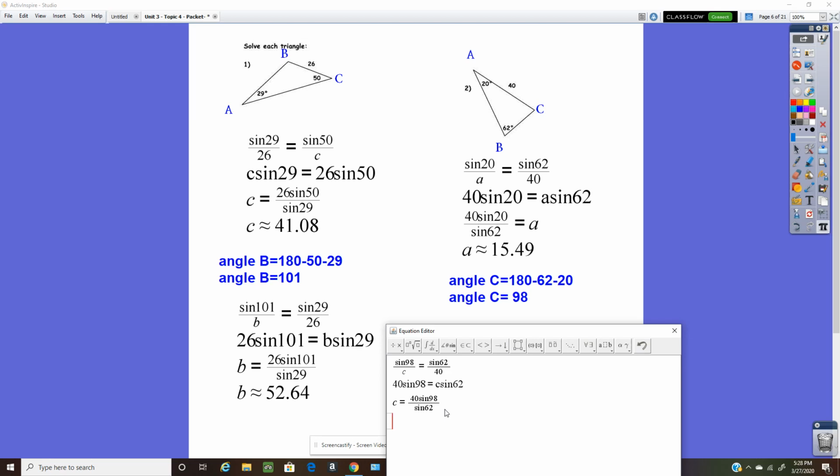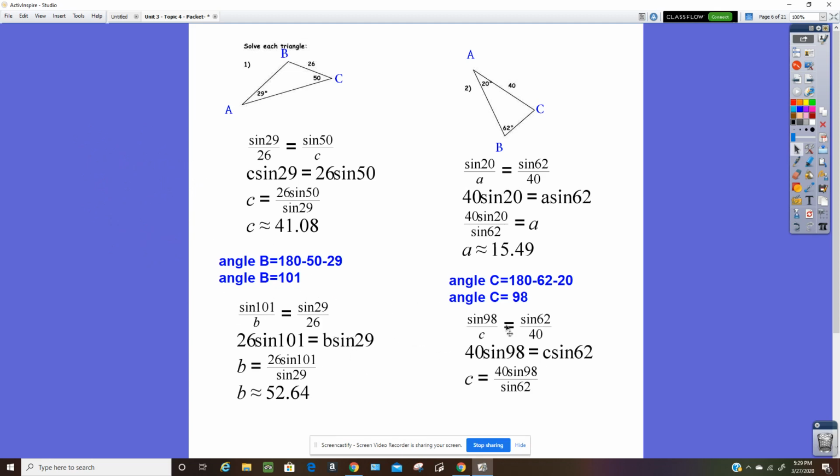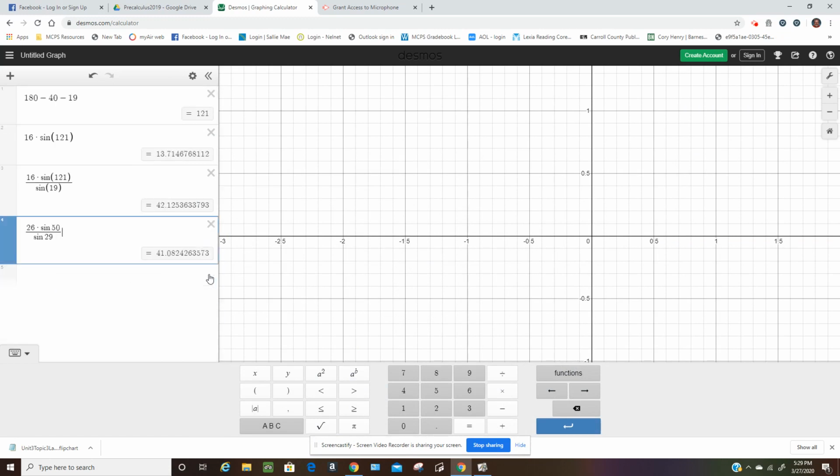Now I'm going to go to my Desmos calculator to calculate that. Let me slide this over here under where I found angle C. So now I go to my Desmos calculator, and let me X some of these off here so I don't have to keep going down the page. So now I want to do 40 sine of 98. So I'm going to hit the divide key just one time, then I get this fraction bar.